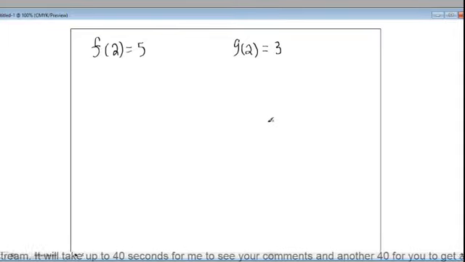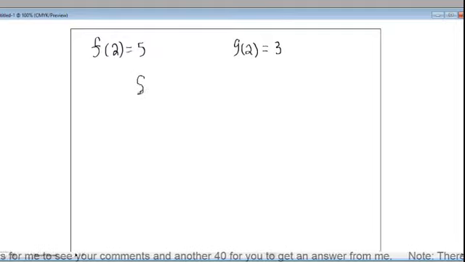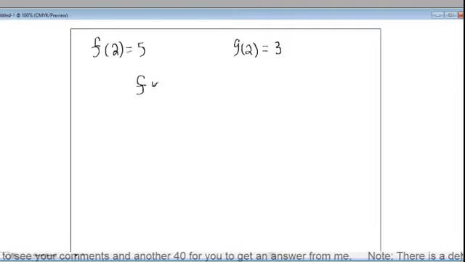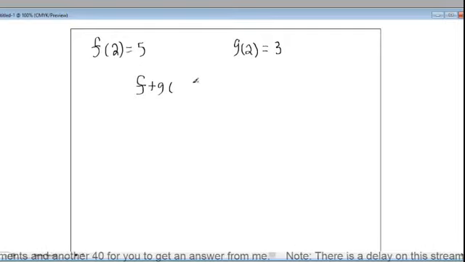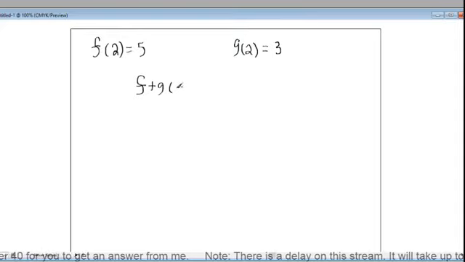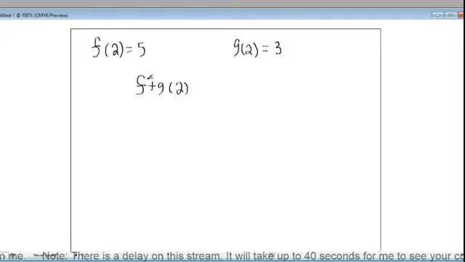Okay, now we can put this all together using something like f plus g. And so f plus g is where we're adding f and g together. And so if we have f plus g of 2, what we're saying here is take the outputs for f and g where we have 2.